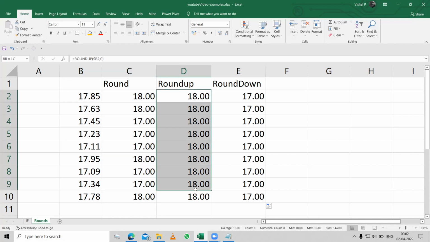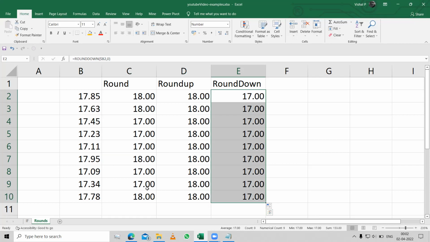ROUNDUP, however, irrespective of whichever digit, let it be 09 or 95, is still taking all of these to 18. ROUNDDOWN on the other side, irrespective of 09 or 95, is taking them down to 17. So that's the only difference in ROUND.